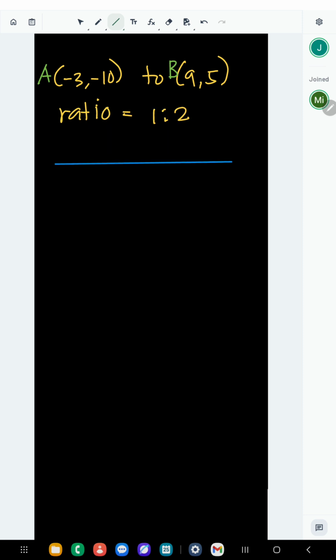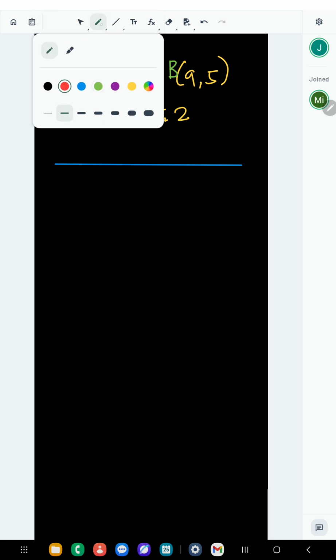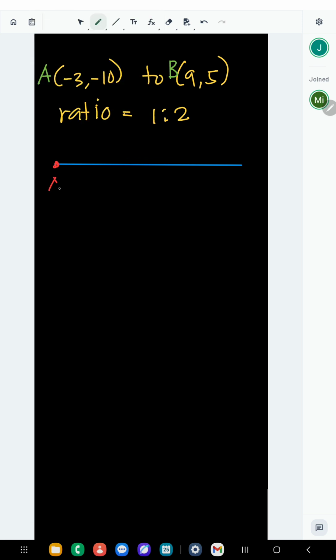Okay. Let's say this is the line segment, and then this is point A, which is negative 3, negative 10, and this is point B, which is 9, 5. So we find the point that partitions the segment into a ratio of 1:2.